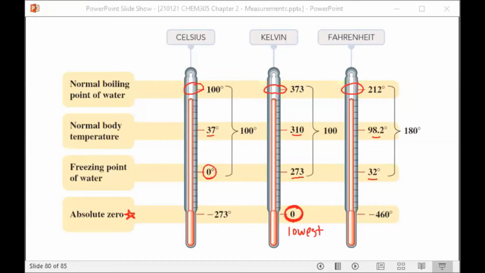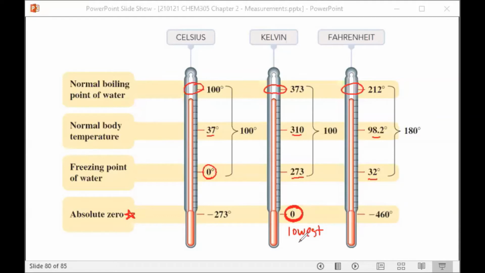And so the Kelvin scale is set up to go from 0, the lowest possible temperature, up to whatever temperature you want to go up to. There's no upper limit. But because the Kelvin scale is set with 0 being the absolute lowest, the Kelvin scale can never be negative. And this will be important to remember when we do conversions between Celsius and Kelvin.